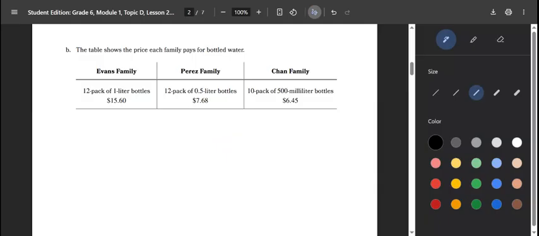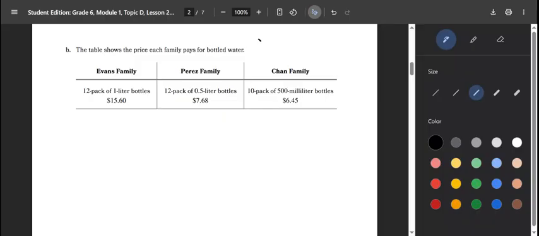All right, now let's look at Table B. The table shows the price each family pays for bottled water. So now we got to find out the better deal for bottled water. So we want the price per liter. So the price per 1 liter.